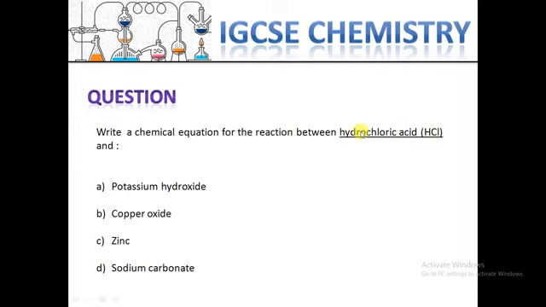I give you the acid. You need to recognize what kind of reaction it is when it reacts with each of them, and you can predict the products of how they react to each other. Finally, I need four chemical equations between hydrochloric acid and these four.